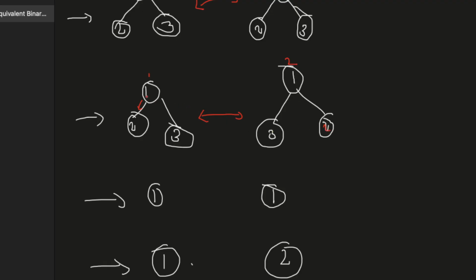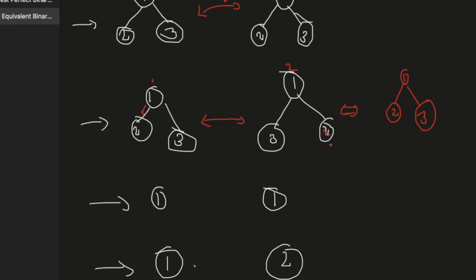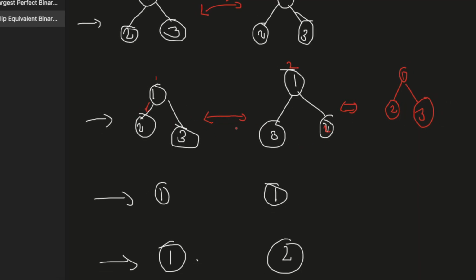So we need to check whether it is flip independent or not. I mean, what if the flip is not performed for this tree? It would be something like 1, 2 and 3. If the flip is not performed, it would be like this, right? So 1 is equal to 1 and 2 is equal to 2 and 3 is equal to 3. So these two are also equal.